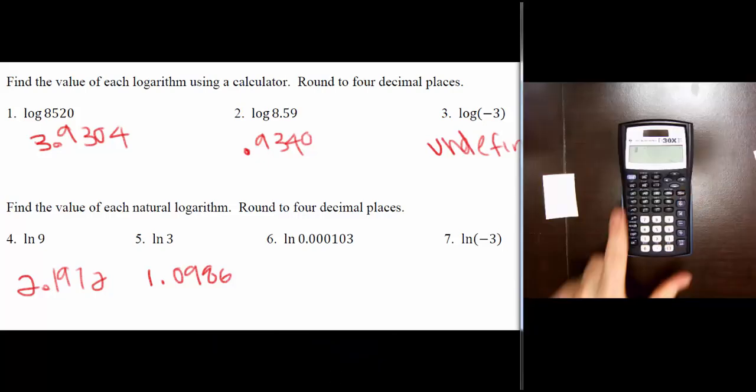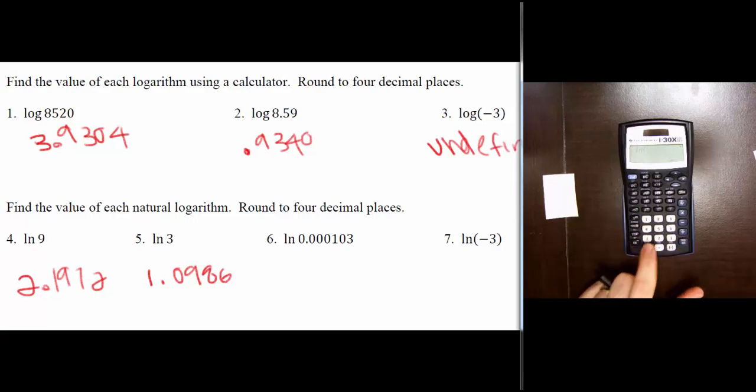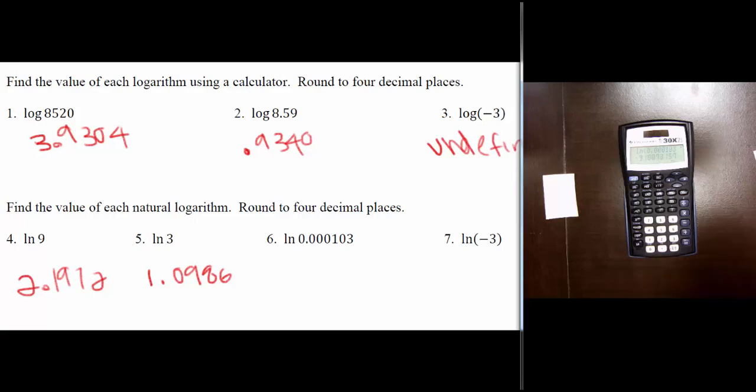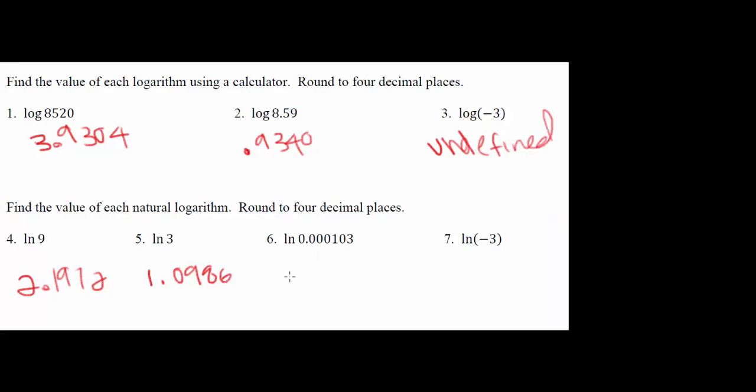And then I do the natural log of 0.000103. I get negative 9.1807. I'm going to put that as 1808. Negative 9.1808.